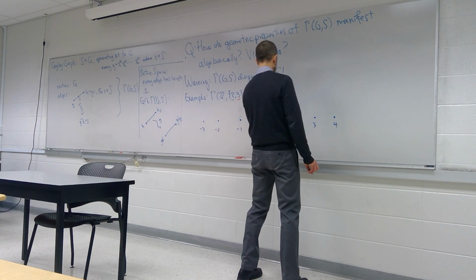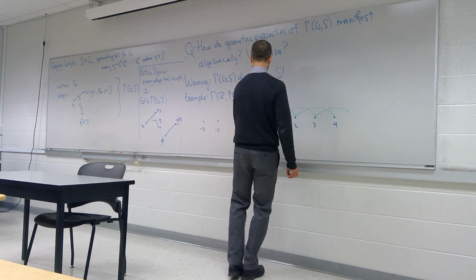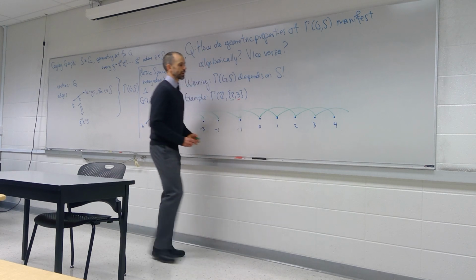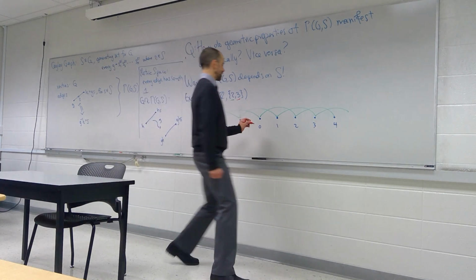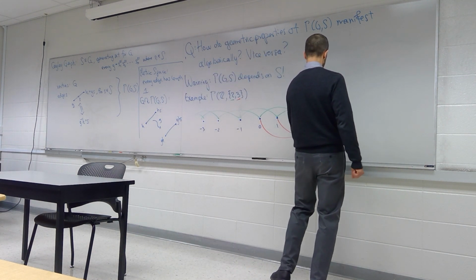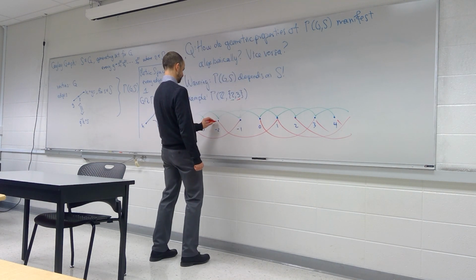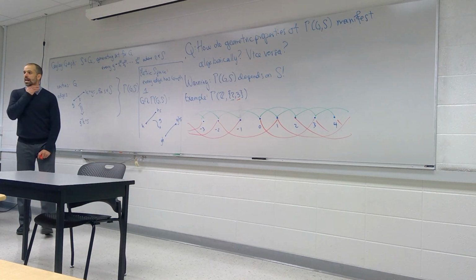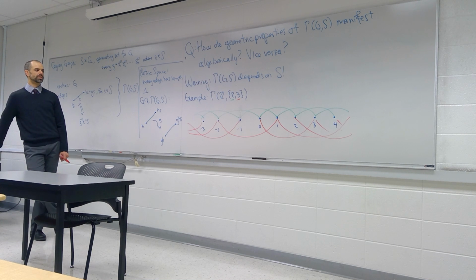And so I can draw these edges here on top, corresponding to the generator 2. And then on the bottom, I'll draw the ones of length 3. And so this is the Cayley graph for the integers using this generating set {2, 3}.